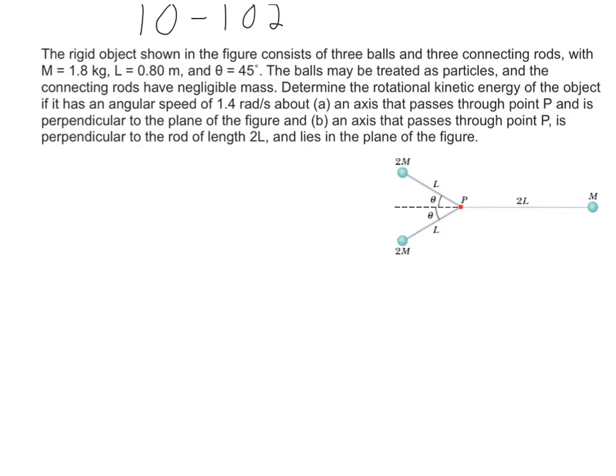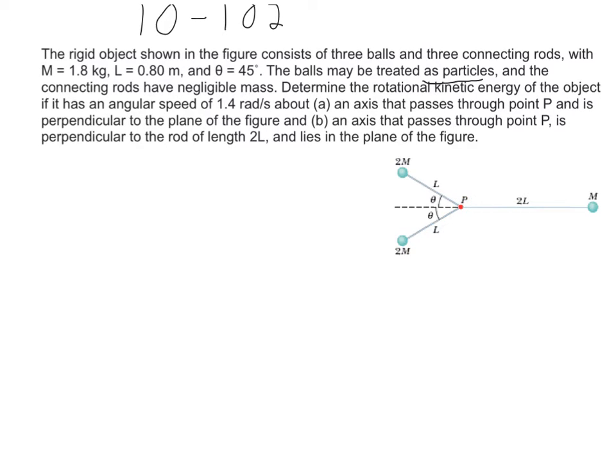So what we have in this situation is three different objects, three different point masses, as we're told to treat them as particles, attached around this point P, and they're going to be rotated in two different ways. The first is being rotated about an axis that goes into the page through point P. I can't really draw it since my iPad's two-dimensional, but going through this point into the page is our first axis.